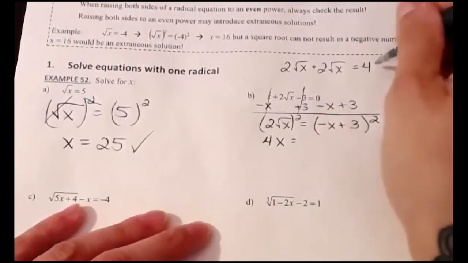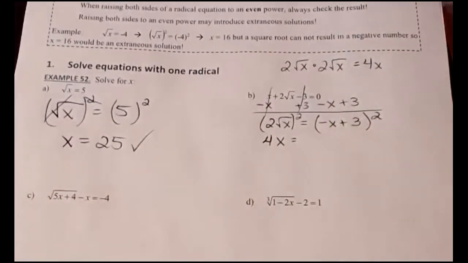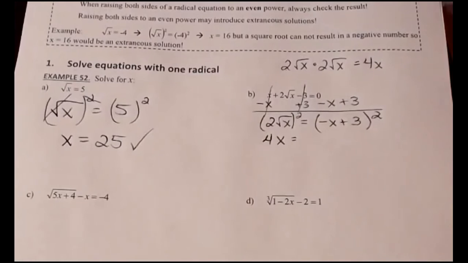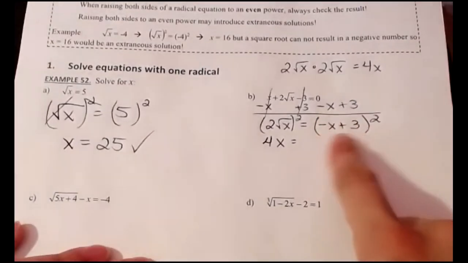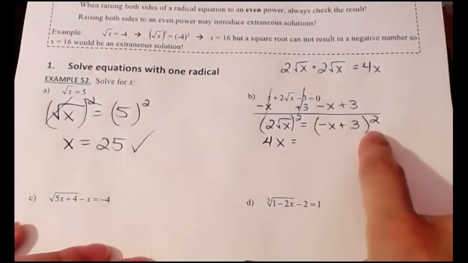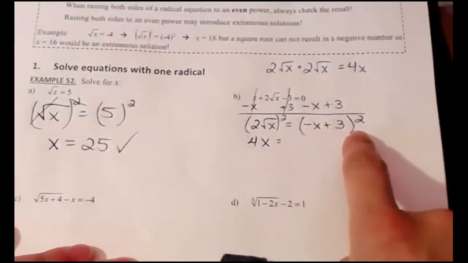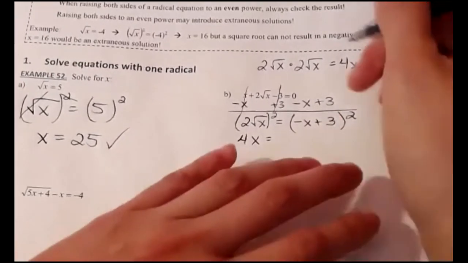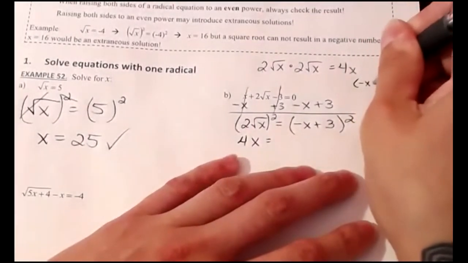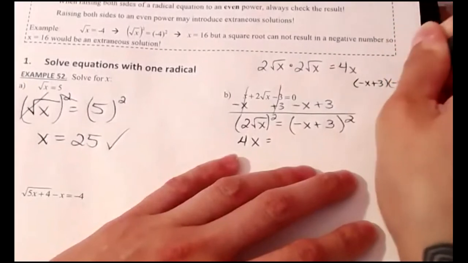Square root of x times square root of x is x. Okay, now the other side is a binomial raised to the 2nd power. So guess what? We're going to go back to 098 for a second. And we're going to say, well, that means I'm going to have to write it out twice and distribute.